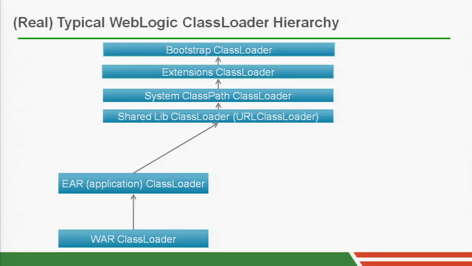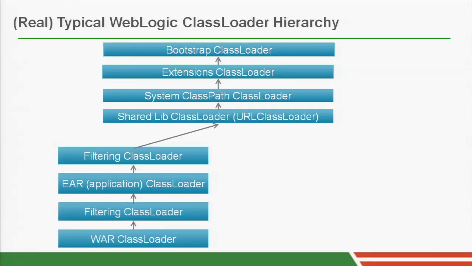Now, this is where it really starts getting interesting. One mechanism that WebLogic has, an interesting feature that is implemented, is a filtering class loader. What this enables the developer to do is to configure a specific name of a class or a regular expression which includes multiple classes, and say for this specific class I want to override the default parent first behavior and I want to have a child first behavior.